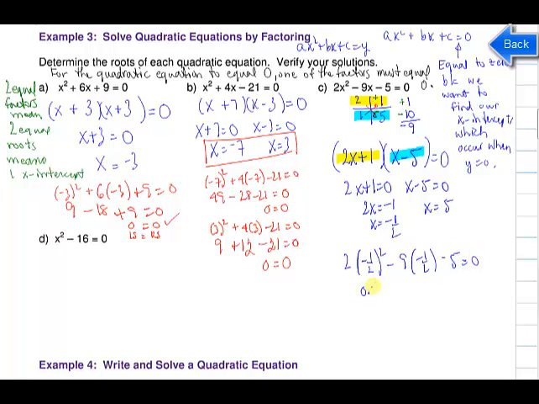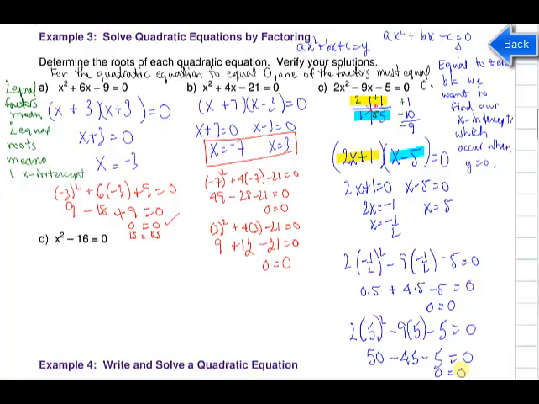So this is going to give me 0.5 plus 4.5 minus 5, and so 0 equals 0, so that one works. Substitute in the 5, and 25, so that's 50 minus 45 minus 5 equals 0, so 0 equals 0, so you know you are correct on that one.